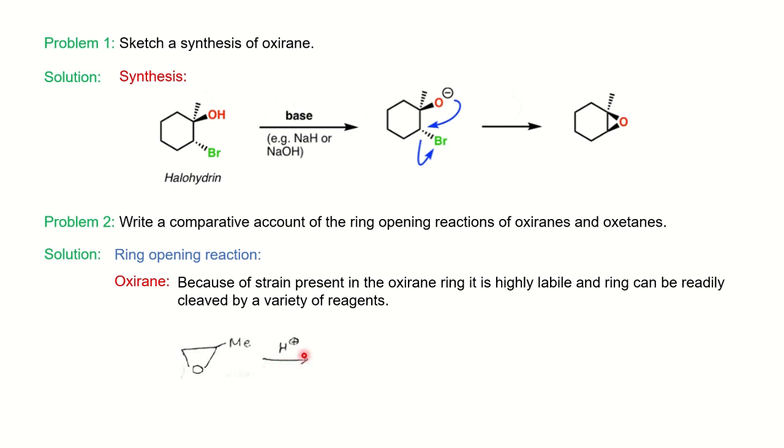In the presence of acid, the lone pair of the oxygen will take this proton and the oxygen will become positive. Since it has the positive charge, the two adjacent sigma bonds will try to neutralize this charge. How is it going to happen? You have methanol given here as a solvent.